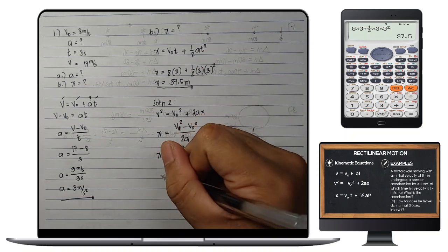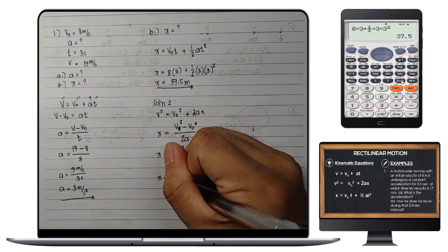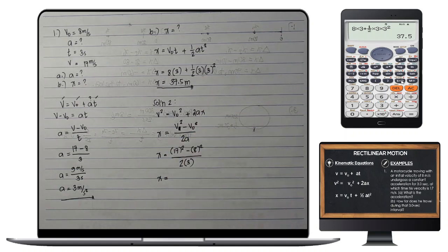So x natin will be, so let's say yun yung naisip mong formula. So let's try. So that is 17 square minus 8 square divided by 2 times 3. So 2 times 3. So the same.